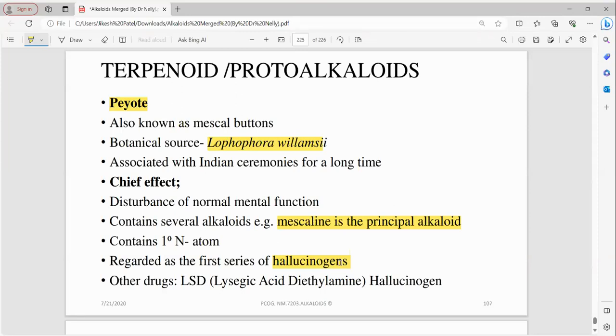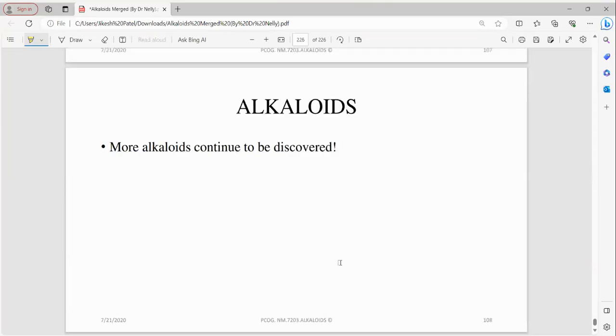I think that is it for alkaloids. To summarize, the important alkaloids you shouldn't forget are the anti-malarials from the Cinchona species, where we get quinine and quinidine. That one is a major one.